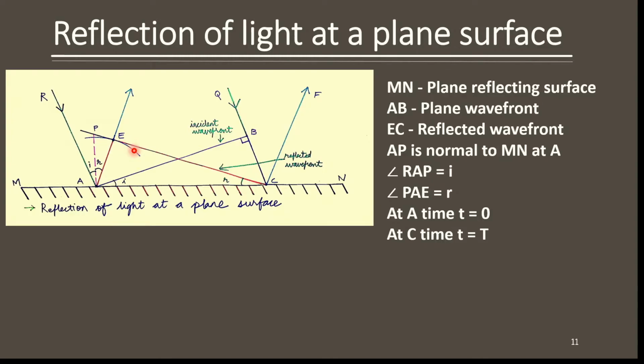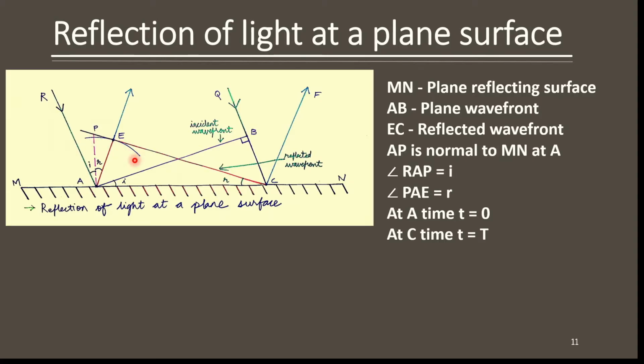At time t equal to 0, the wavefront reaches A, and at time t equal to t, it reaches C. So between time t equal to 0 and t equal to t, different points along the incident wavefront reach the reflecting surface successively and start emitting secondary wavelets in the form of hemispheres.